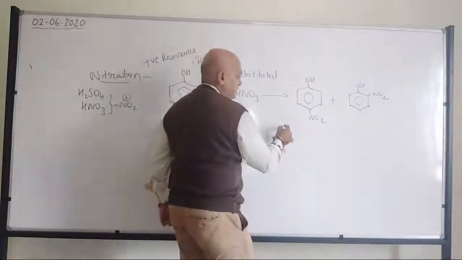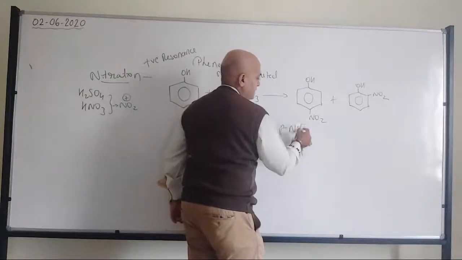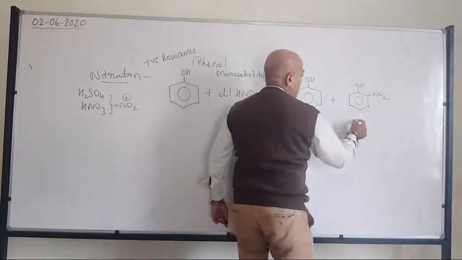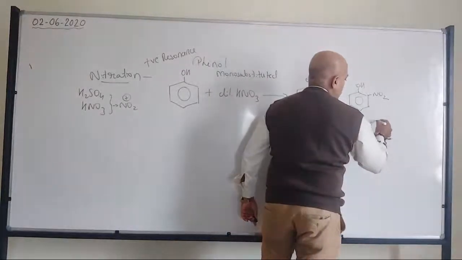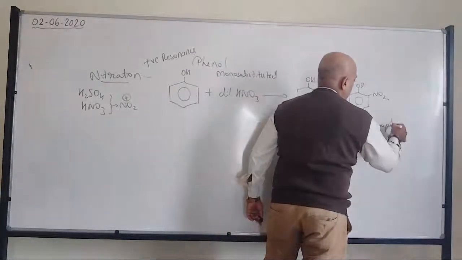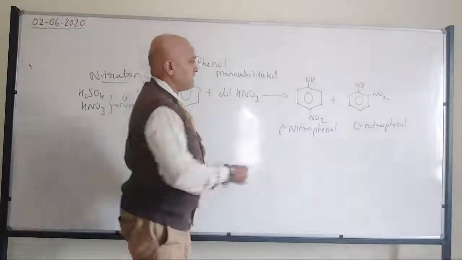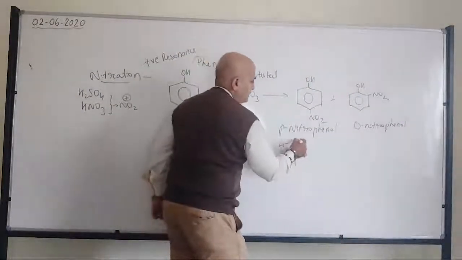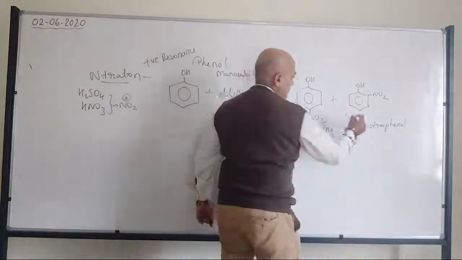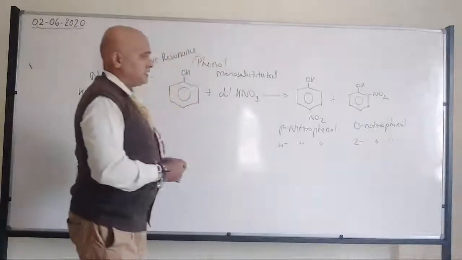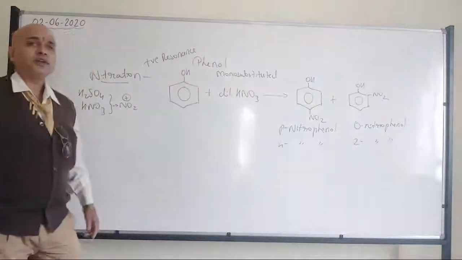This is nothing but para-nitrophenol. And this is ortho-nitrophenol. Common name. If you want to go with IUPAC name, it should be 4-nitrophenol. And here it should be 2-nitrophenol. So that's where we have the product.